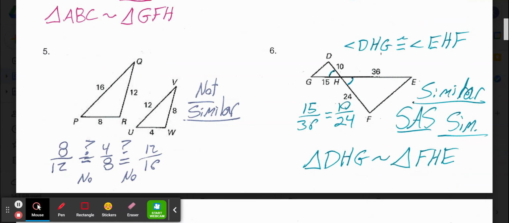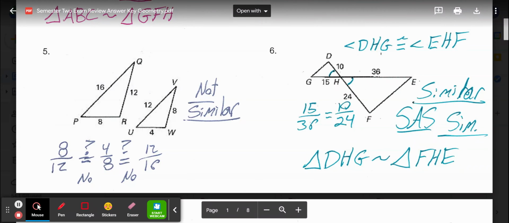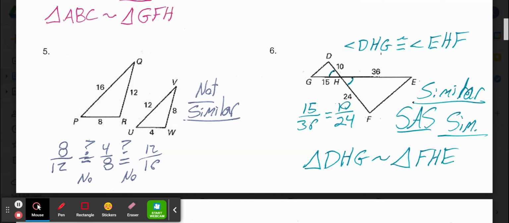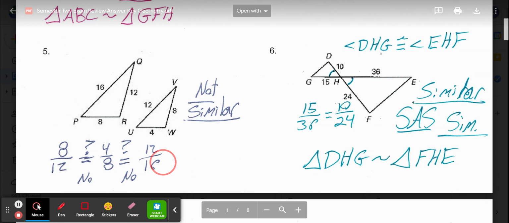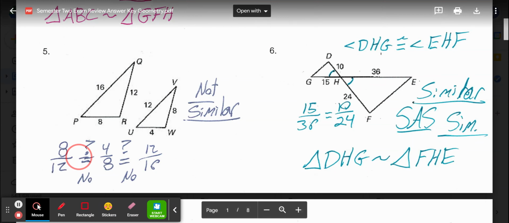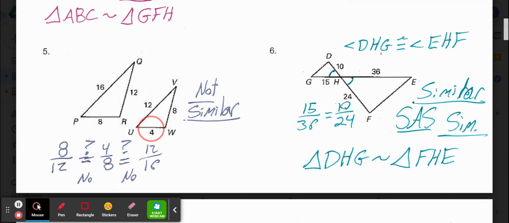In 5, we can check the side ratios for side, side, side similarity. If all 3 ratios are equal of corresponding parts, then they're similar. In this case, 8 over 12, 4 over 8, and 12 over 16, the proportions of the corresponding parts, are not equivalent, so these are not similar.